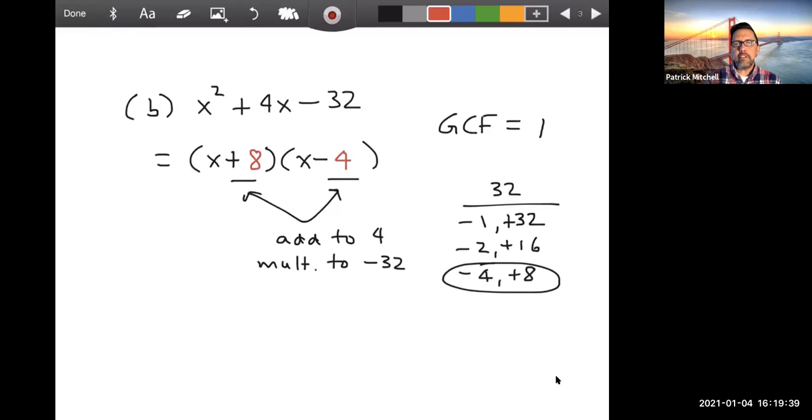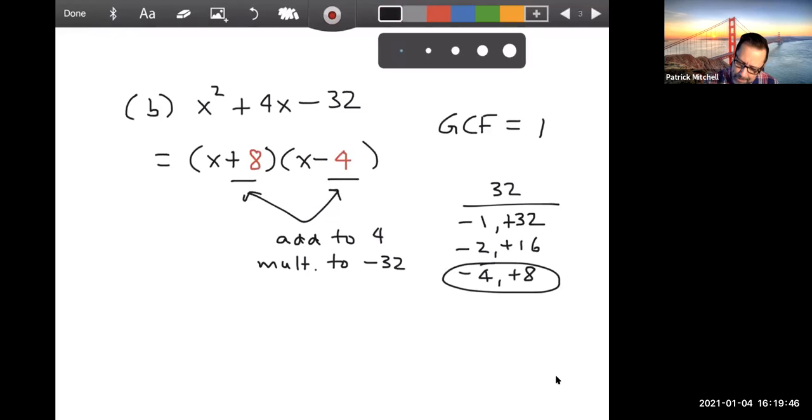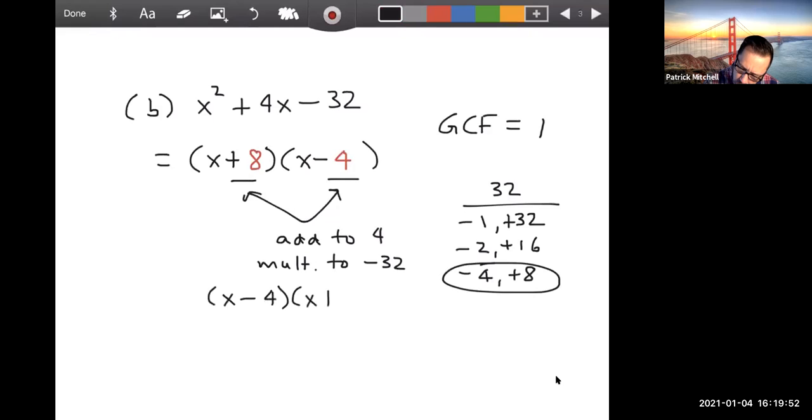Now, when you think about the different ways to write your answer, this would be one correct way. Another correct way would be to write x minus 4 times x plus 8. In other words, keep the minus with the 4 and the plus with the 8.